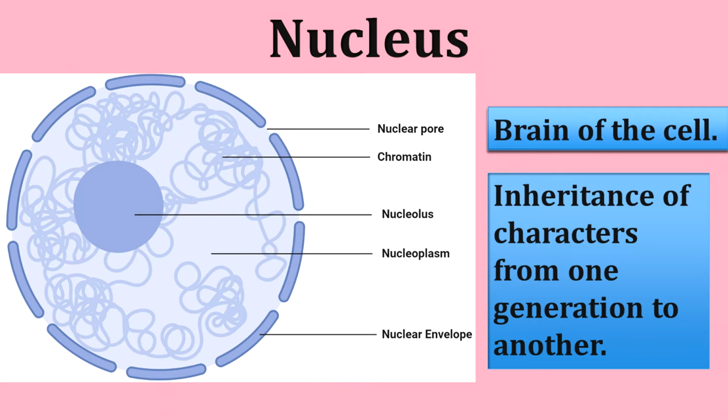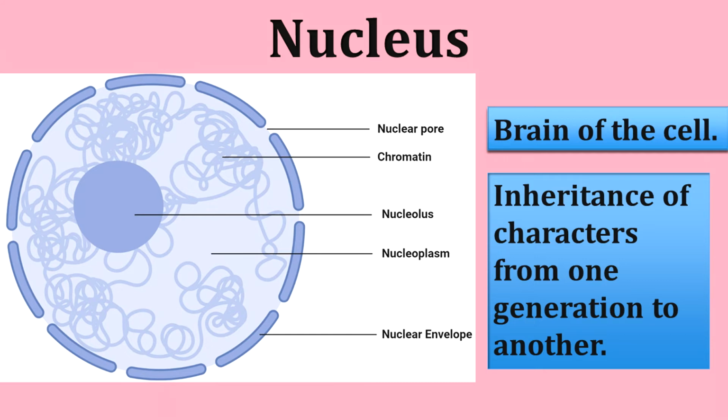Now, let us see the functions of the nucleus. The nucleus controls all the processes and the chemical reactions that take place in the cell. So, the nucleus is known as the brain of the cell. It is the controlling center of the cell. Inheritance of characters, transfer of characters from one generation to another generation is also due to the nucleus.